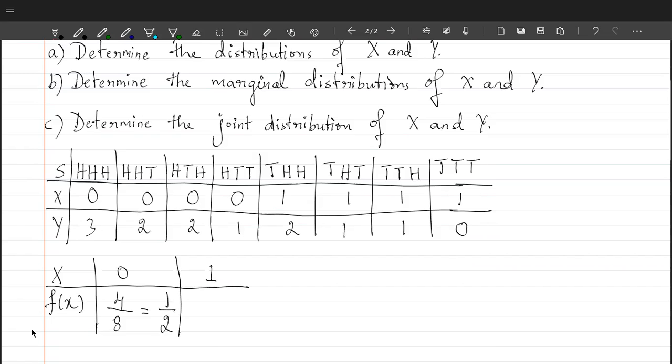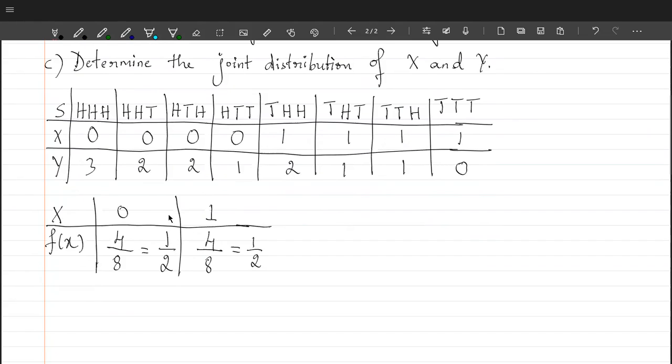Similarly, if you want to calculate the probability that x takes the value 1, the total number of cases is again 8, and the favorable cases are 4, because there are 4 cases possible where x takes the value 1. So again it is 4 by 8, which is equal to 1 by 2.